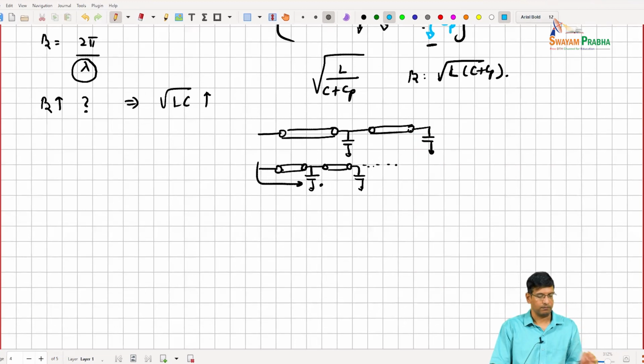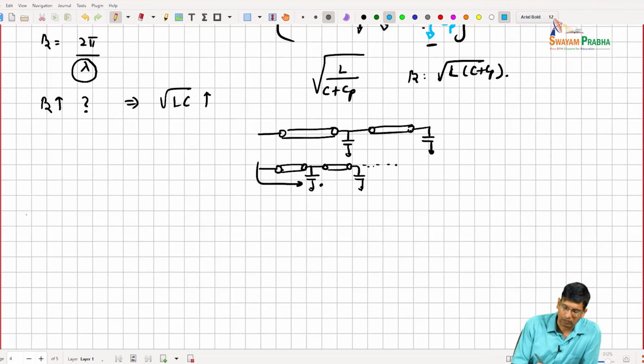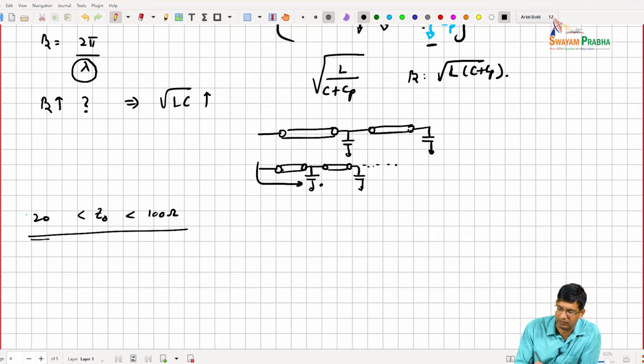So now that we have the basic building block where we can develop transmission lines with on-chip impedances, let's say ranging from 20 to 100 ohms, right? Let's say that we are able to build something like this.